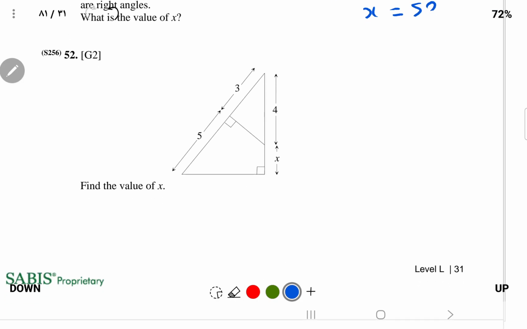For the next question, find the value of x. So here you have to do similarity. You have to do similarity between this triangle and the big triangle.